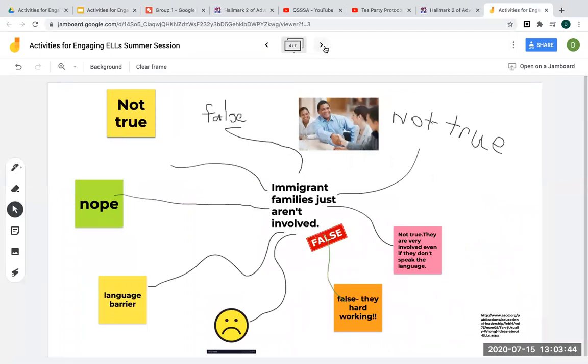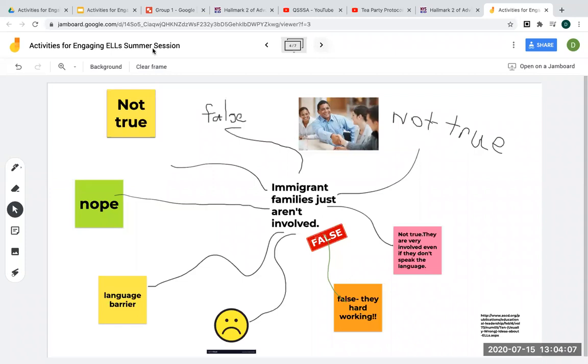In the center, you can see the topic and the statement. It said, immigrant families just aren't involved. That is a misconception that many educators have because sometimes they don't physically see families of our students. However, this, like I said, is false.